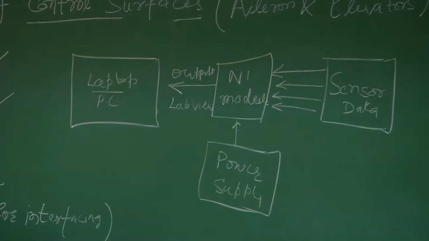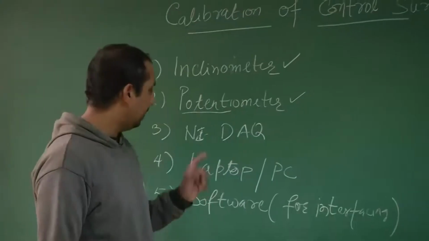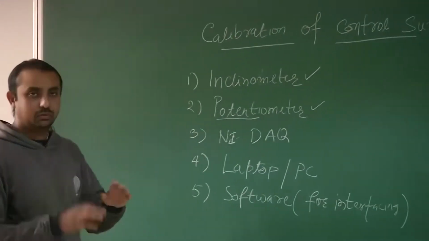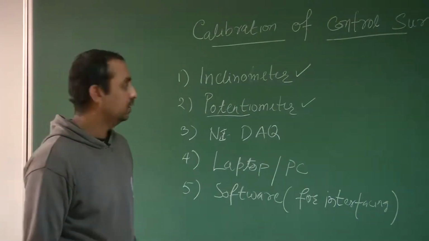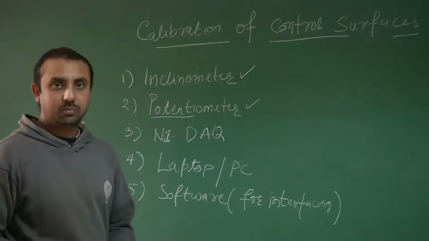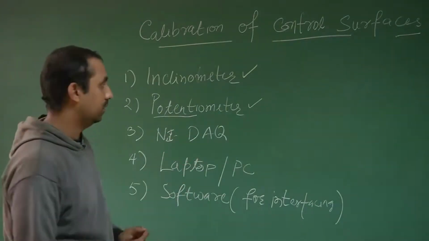This is a basic block diagram for calibration of the control surface. We have discussed your full system, what will be required for calibration of the control surface. Now let's see the process for calibrating your control surface.